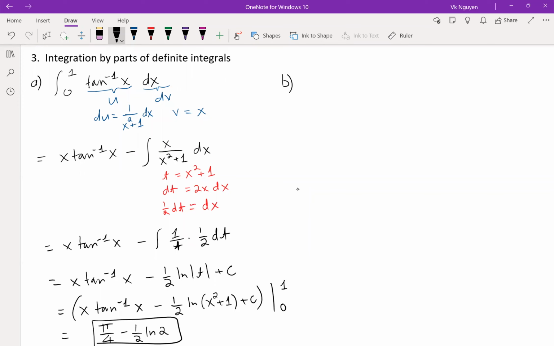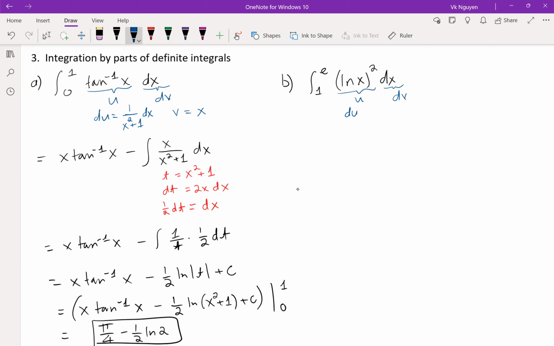B, the integral from 1 to e of ln x squared dx. This looks a little tough, but it's doable though. We're going to let u be ln x squared and dx be dv.